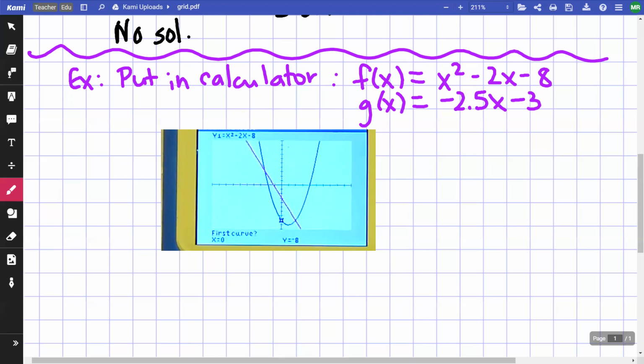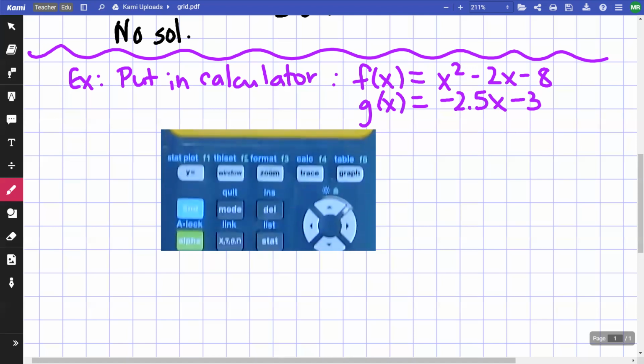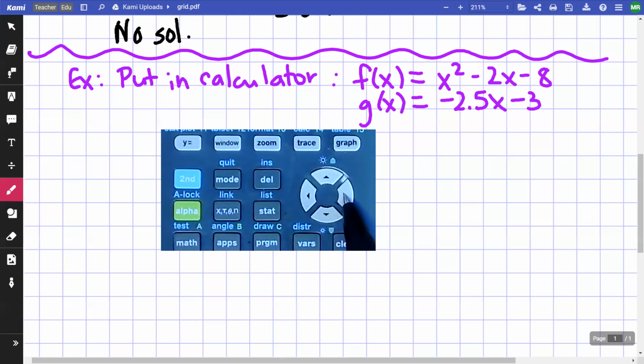When I press this, it's usually going to start at my y-axis, on one of the curves, usually your first curve. I want to move this cursor to one of the points of intersection. I'm going to move it to the one right here. When I'm moving, I want to use the left-right buttons.